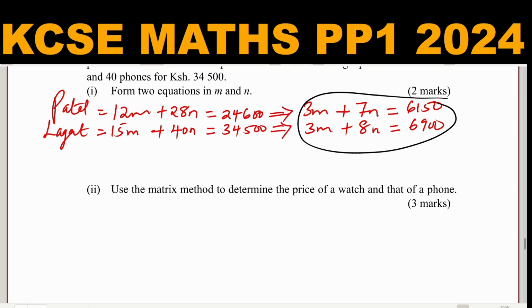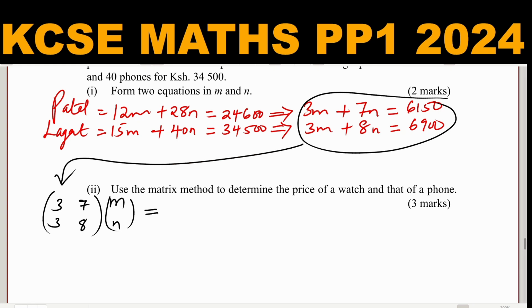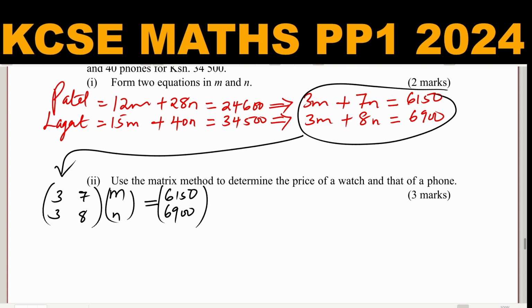For M, the coefficients are 3 and 3, then for N, 7 and 8, then M and N, what you're multiplying with, is equal to 6150 and 6900. So this is what you're supposed to solve using the matrix method.